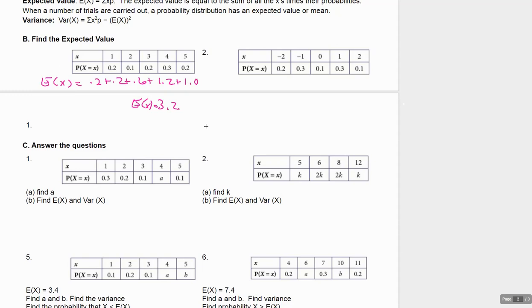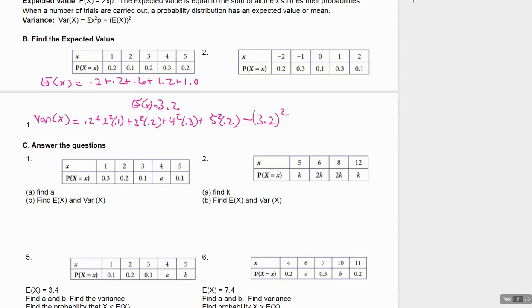Anyway, if I'm going to find the variance now, the variance of x is going to be 1 squared times 0.2 plus 2 squared times 0.1 plus 3 squared times 0.2 plus 4 squared times 0.3 plus 5 squared times 0.2, and then I'm going to subtract the expected value squared.